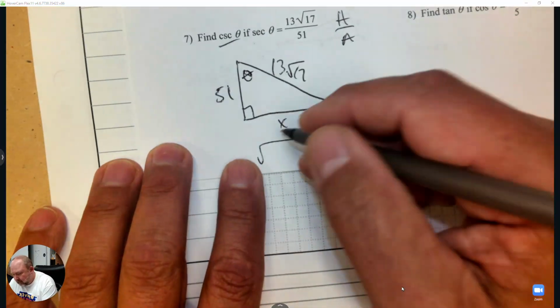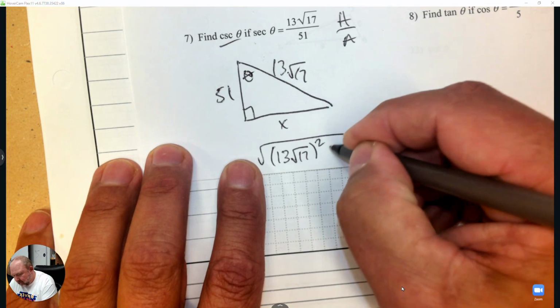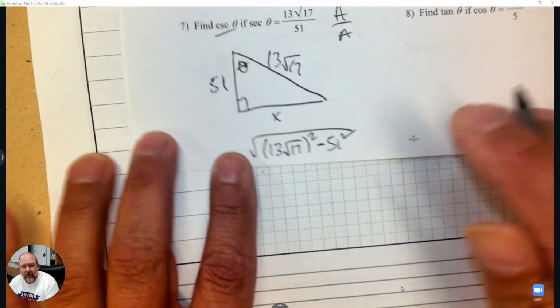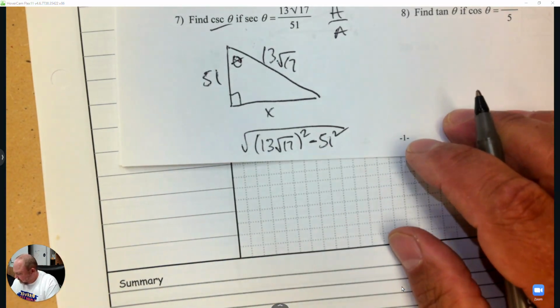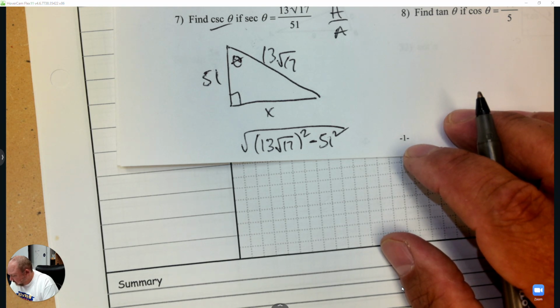So it is the square root of, and on your exam, I'm not going to give such numbers, but this is what you would type in. So I'm going to do that too. Let's see if I can type it in right. 13 and the square root of, and then I'm going to square it.